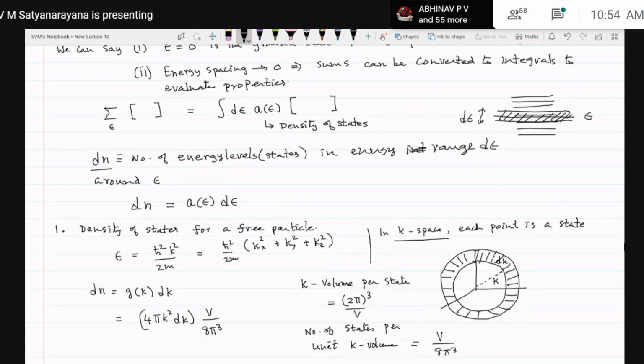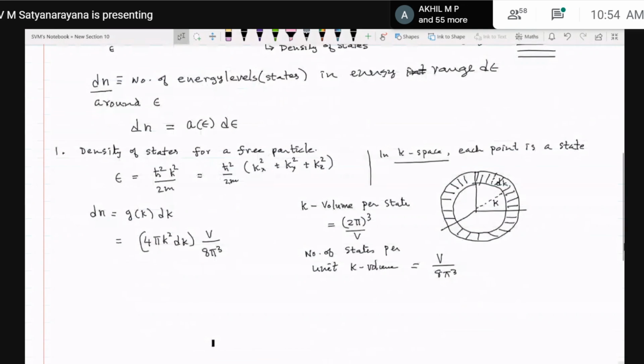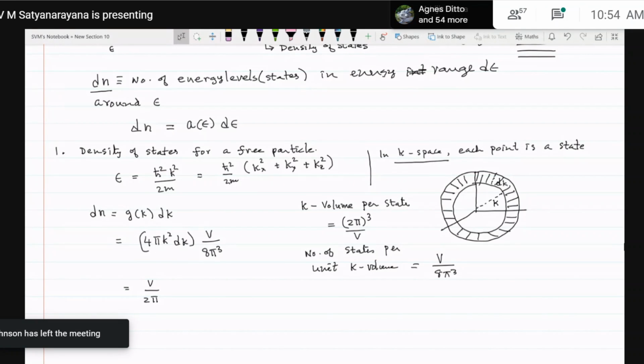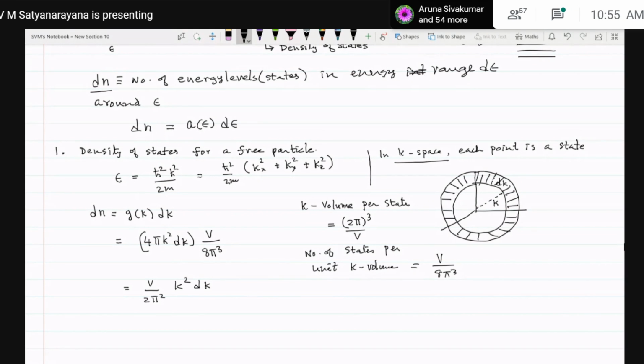So your dn is equal to this, but this is not yet the density of states in terms of the energy. So this is equal to V divided by 2 pi square into k square into dk. But you know that energy is given by h bar square k square by 2m.